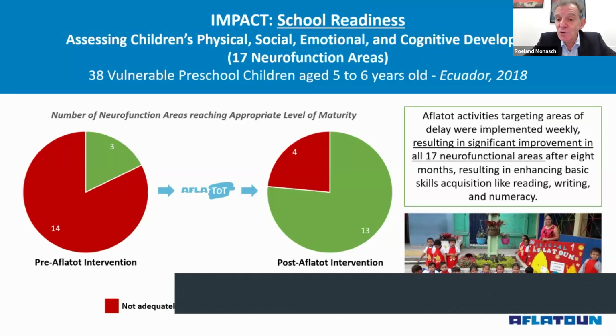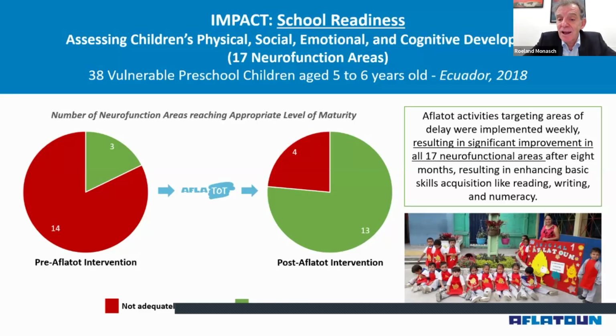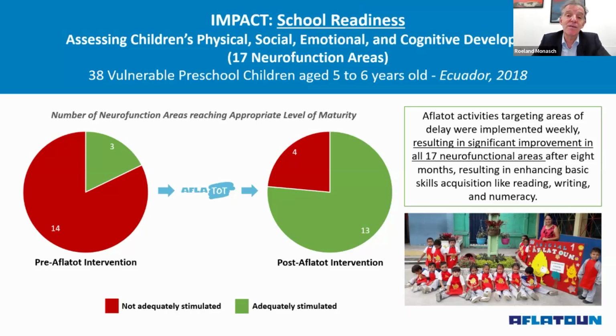So overall, the AflaTot activities were resulting in enhancing the basic skills acquisition and preparing children to be able to start learning reading, writing, and numeracy, which is very powerful and very impactful. And I think everybody working on AflaTot, especially in Ecuador, should be very proud of that.